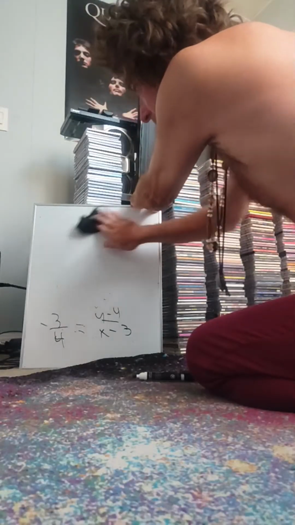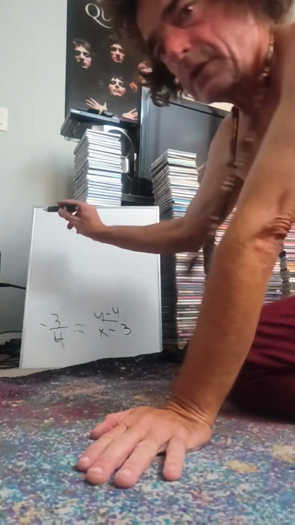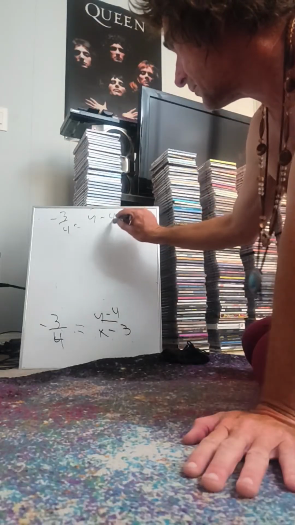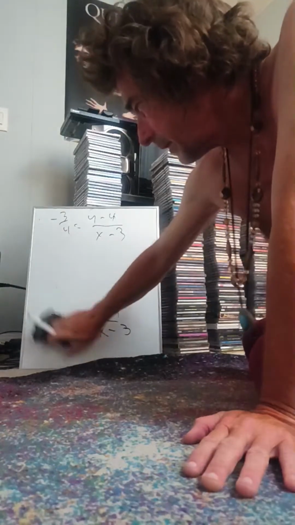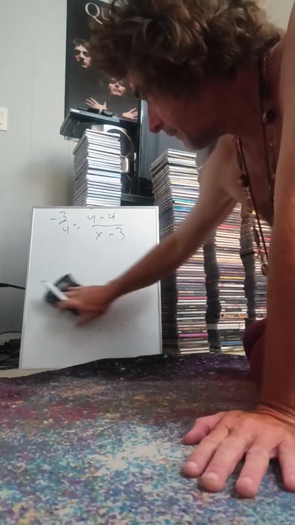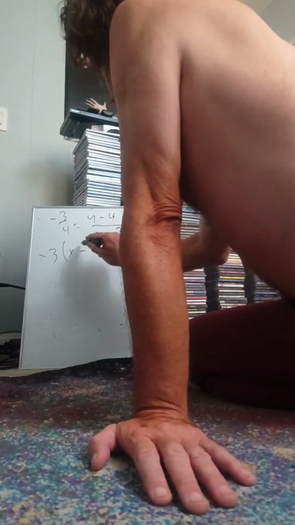Let's do that. So minus 3/4 equals y minus 4 over x minus 3. Solve for y in terms of x. I'm going to cross multiply, which is also called multiplying extremes by means. -3 times x minus 3 equals 4 times y minus 4.